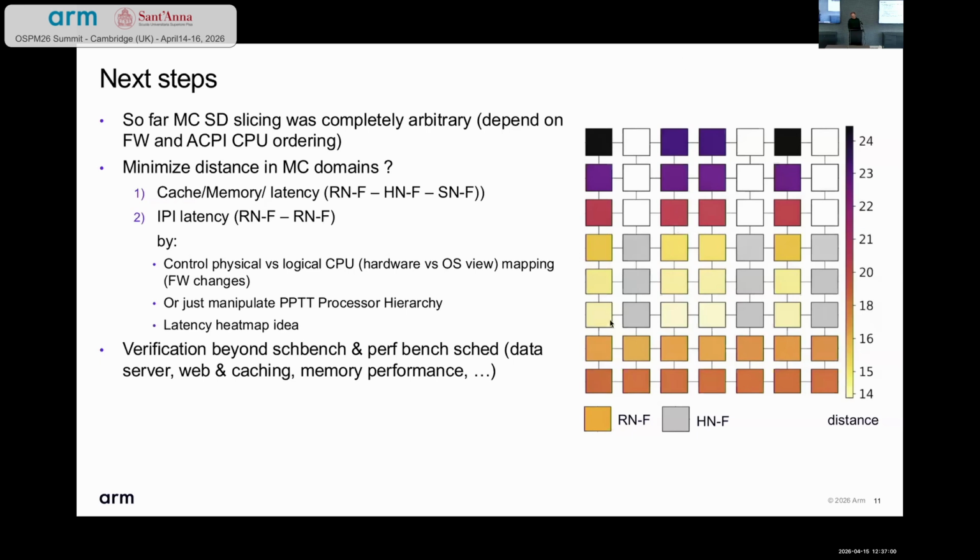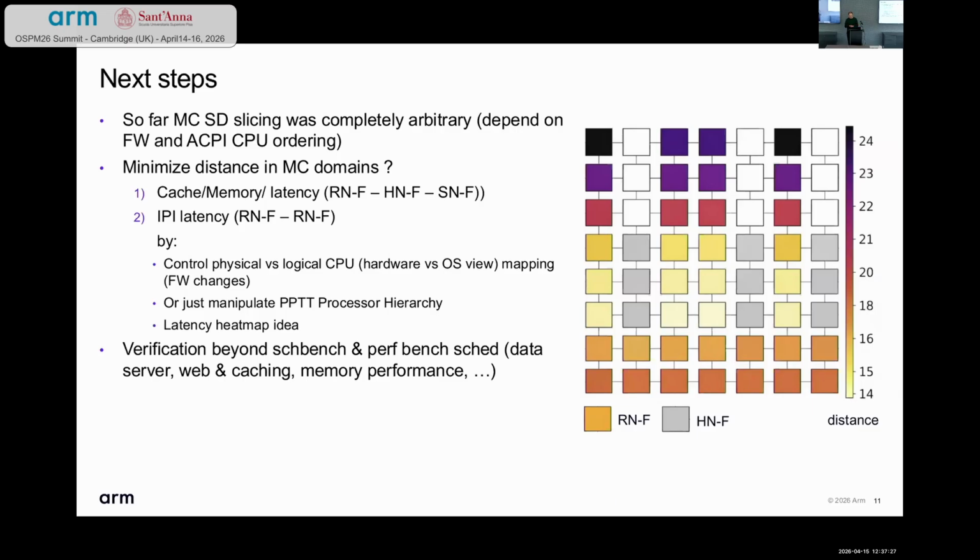And the color code shows CPU nodes, request nodes. A lighter color means they are closer to the cache location. So you could essentially create a mapping of cache or CPU cache distance, or even CPU to CPU distance.